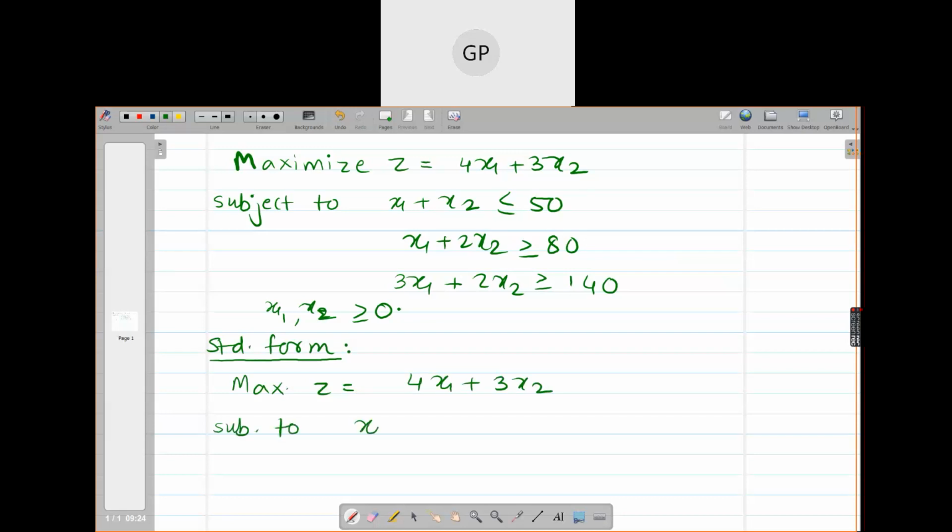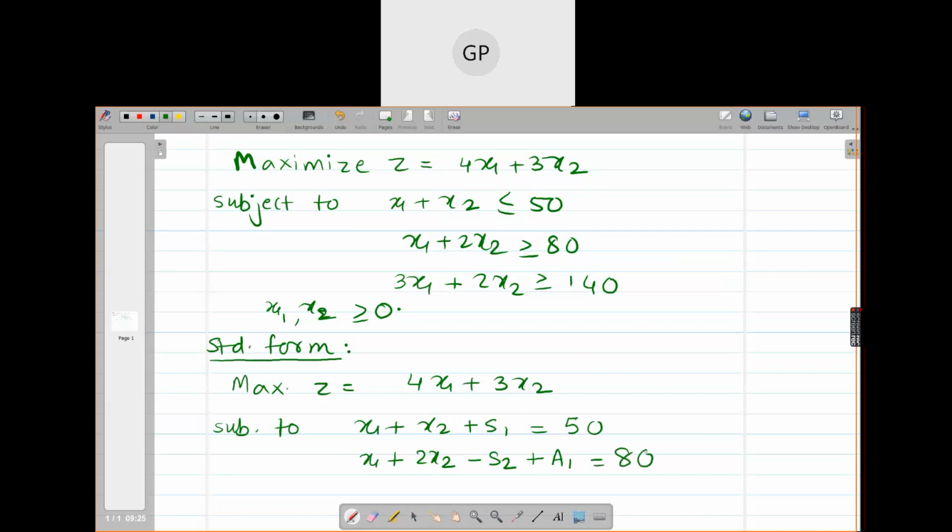First one, x1 plus x2 plus s1 is equal to 50. Next, x1 plus 2x2 minus s2 plus a1 equals 80, plus artificial variable, right?